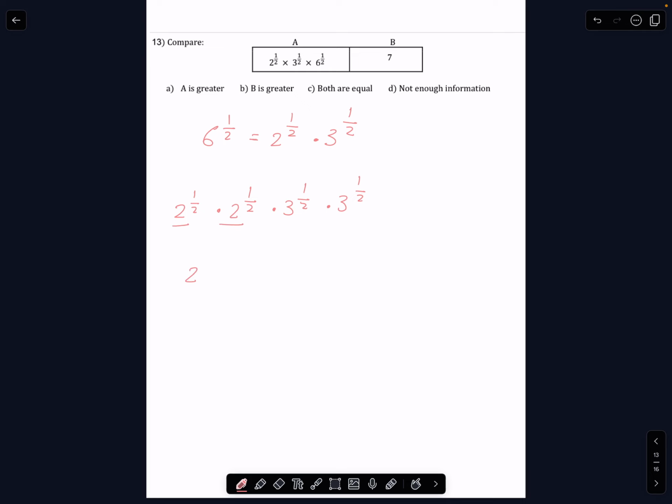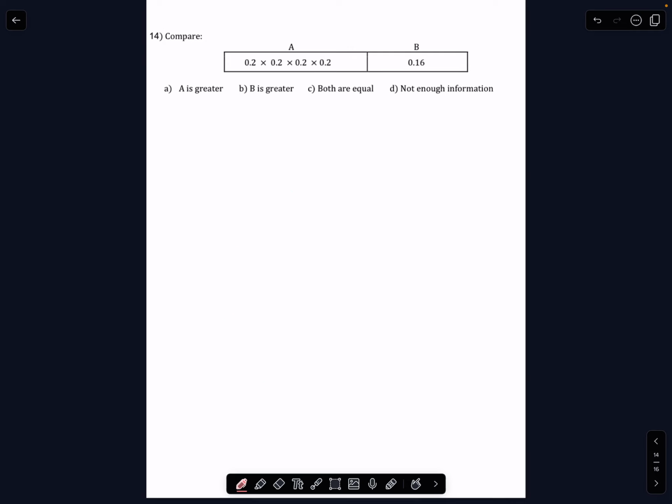So this is the same thing as 2 to the power 1 over 2 plus 1 over 2, and that equals 2 to the power of 1. Same thing here, 3 to the power 1 over 2 plus 1 over 2, same thing as 3 to the power of 1. And anything to the power of 1 is the same thing itself. So 2 multiplied by 3, which is 6. And you know that 7 is greater than 6, so therefore B is greater for number 13.